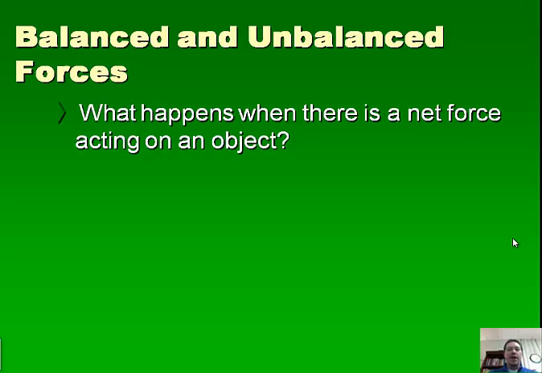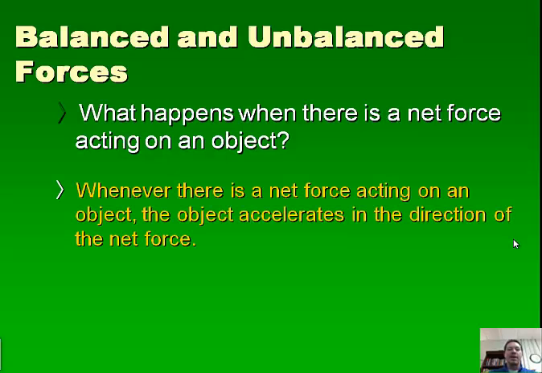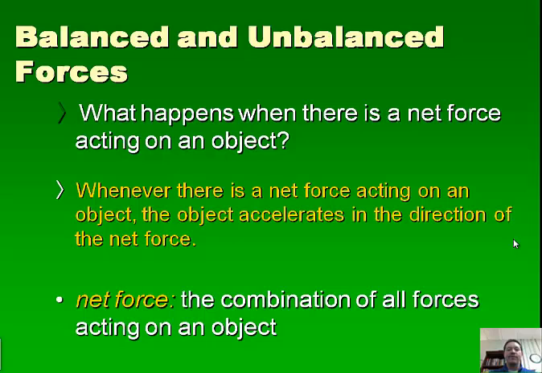Next question: what happens when there is a net force acting on an object? Whenever there is a net force acting on an object, the object will accelerate in the direction of the net force. Net force is the combination of all forces acting on an object.